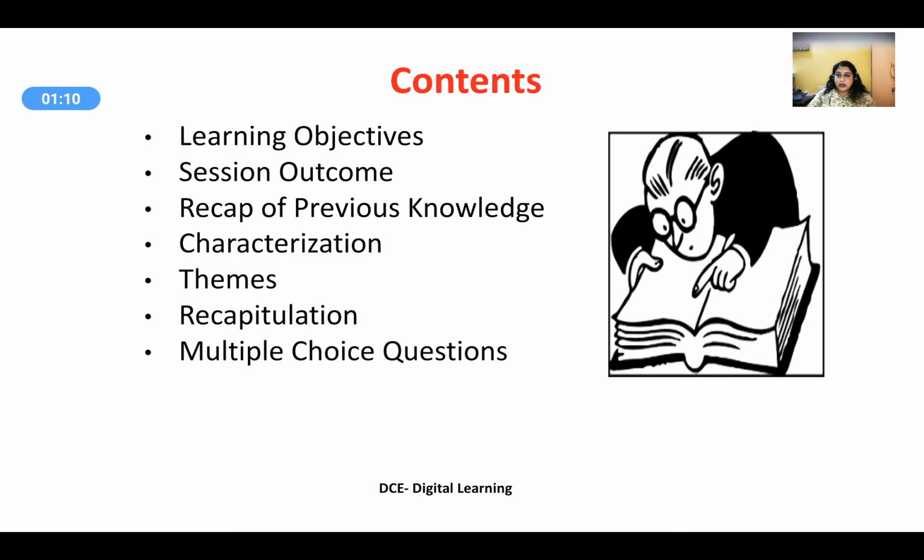This is of utmost importance, as connecting the previous knowledge that we have gained in the previous session with the present will help us understand the content much better. And then we shall focus on the two most important concepts in this presentation, characterization and themes that are prevalent in the story Two Friends. And finally, we'll have a recapitulation session followed by a small multiple choice question session.